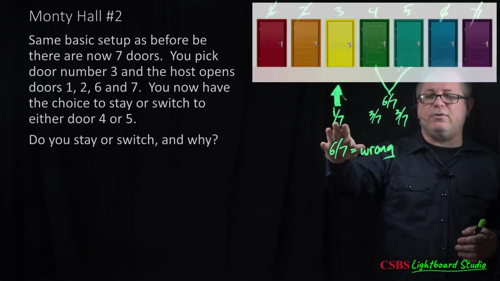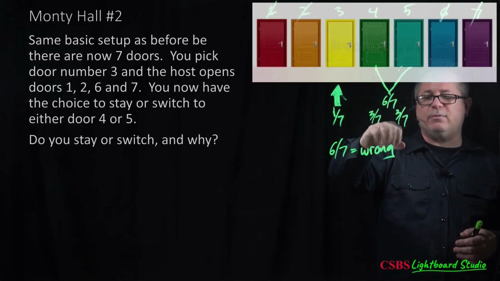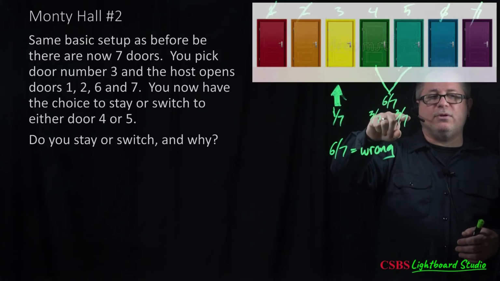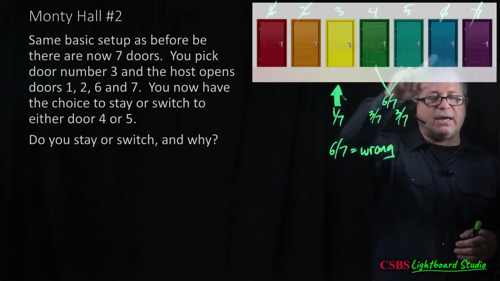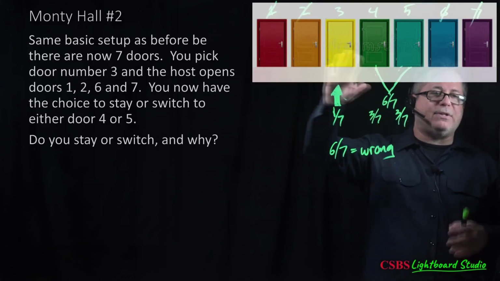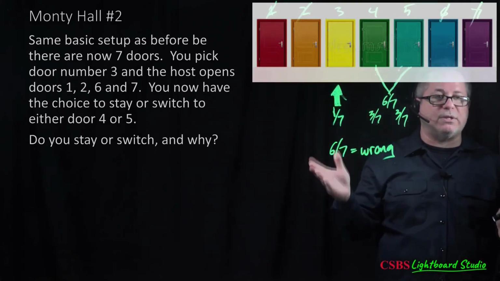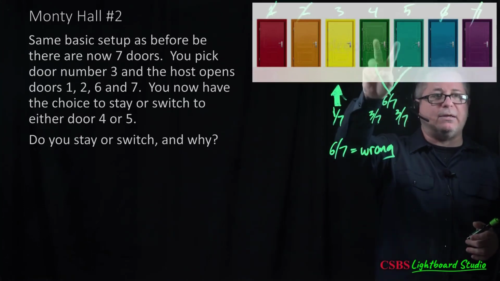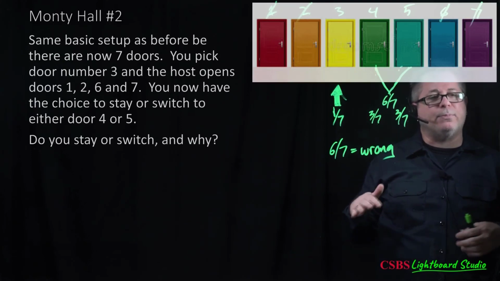It doesn't go away. It doesn't all of a sudden go from 1/7 and 6/7 to being 1/3, 1/3, 1/3, because the original setup of 7 doors is still guiding the probabilities. Those other 7ths are going someplace, and it turns out they're going behind the remaining doors that are actually still in play when a person's choosing.